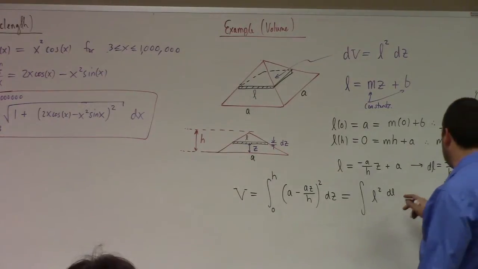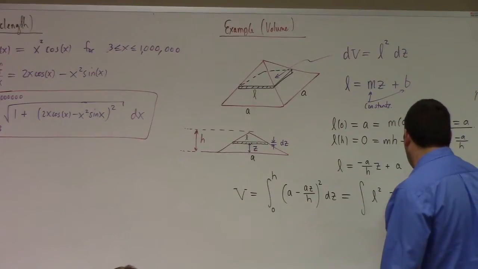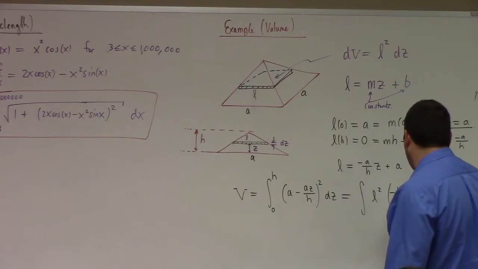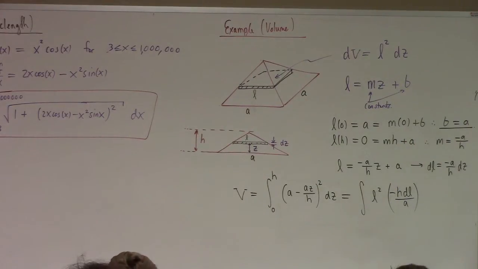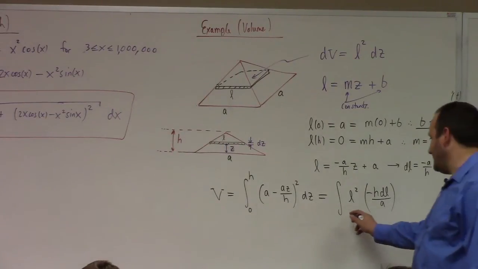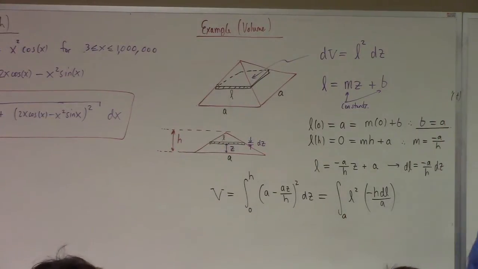So dz is minus h dl over a, right? And you already know what L of 0 is. A, right? So this bound is a. And what's L of h? 0.